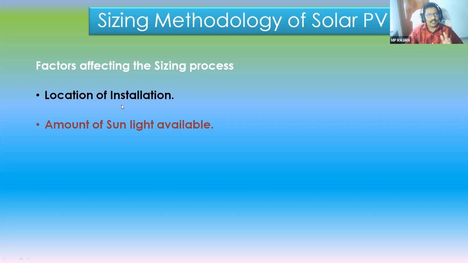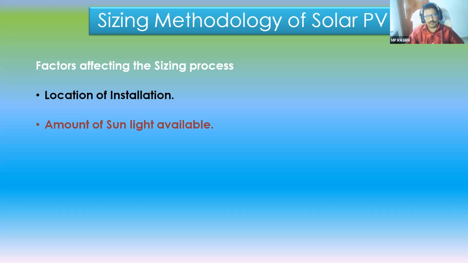So let us see, location of installation depends, because we have discussed the solar panel, where we are installing, country wise or district wise, the latitude is different. दिल्ली में जो आपको power panel 1 kilowatt panel से जो supply मिलता है, same thing you may not be able to get in Bangalore, because there other factors are there.